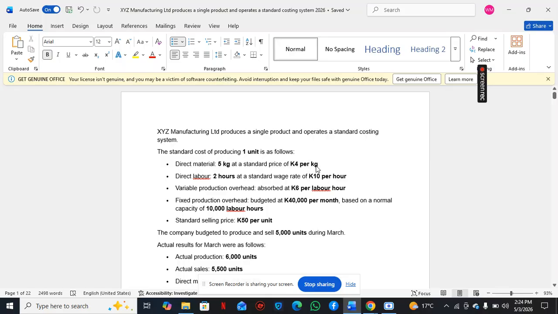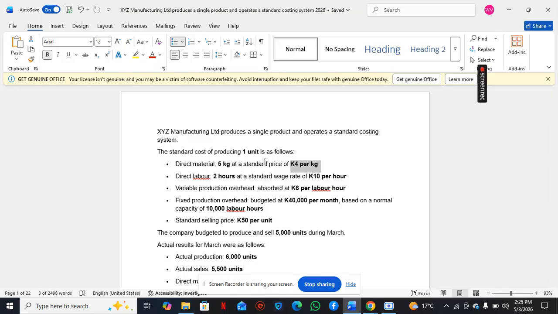So each unit uses 5 kg and it costs 4 kwacha per kg. When we prepare the standard cost card, we're going to find out what we're budgeting or expecting direct materials to cost.